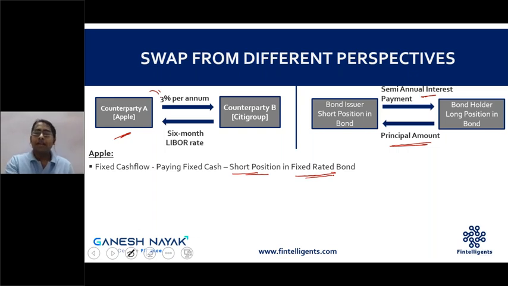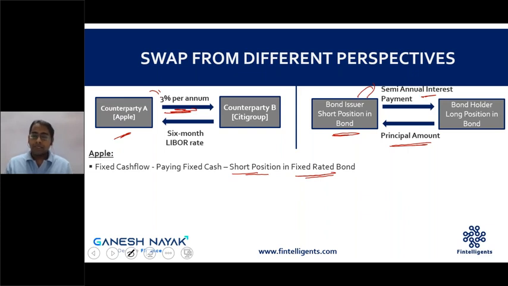If you look at this entire leg of 3% per annum, you will realize that Apple is making a 6 monthly payment of 3% per annum, and that means it is taking a short position, because in the example we saw that the short position bond issuer makes a payment to the bond investor.